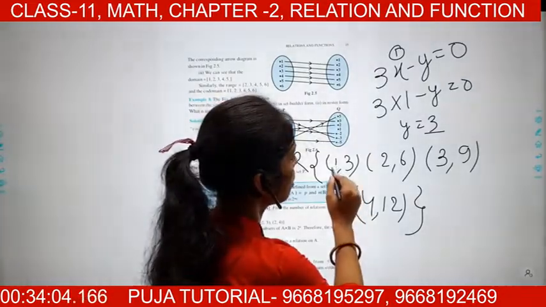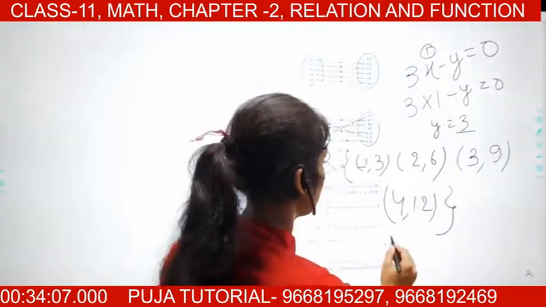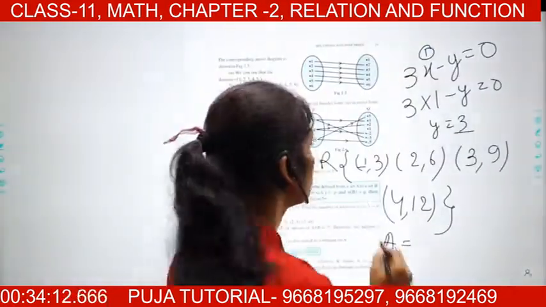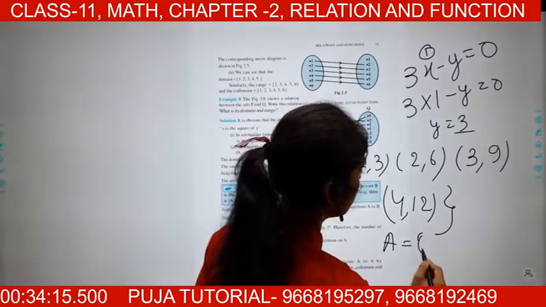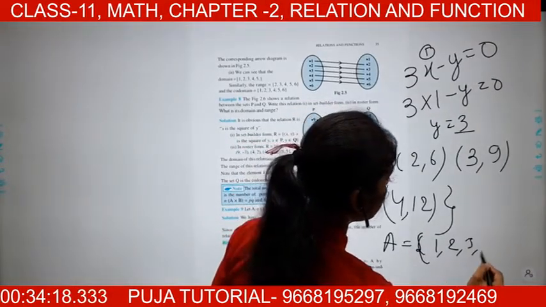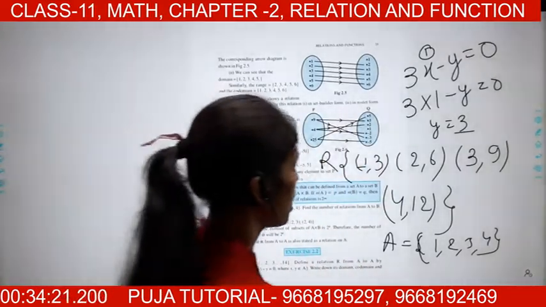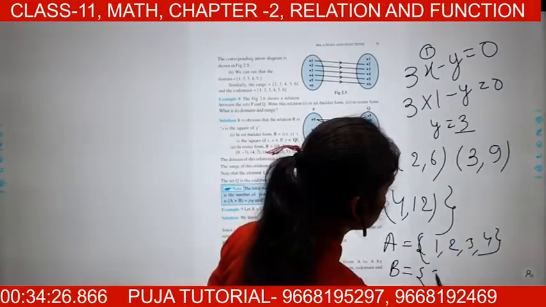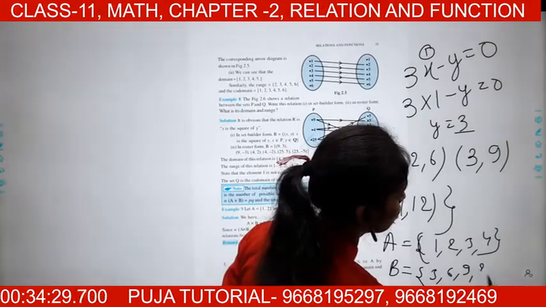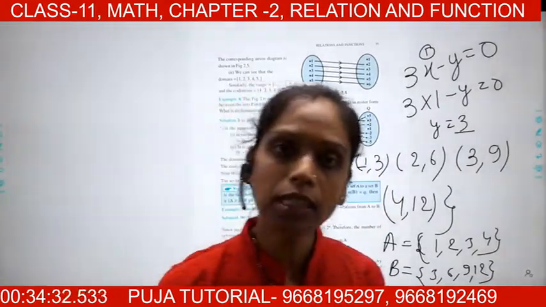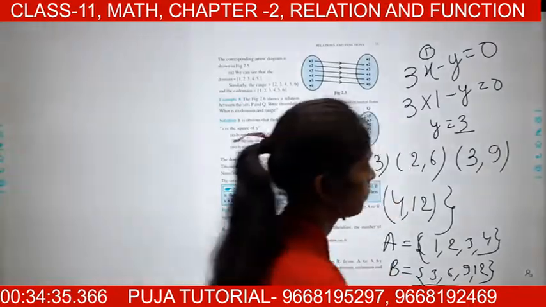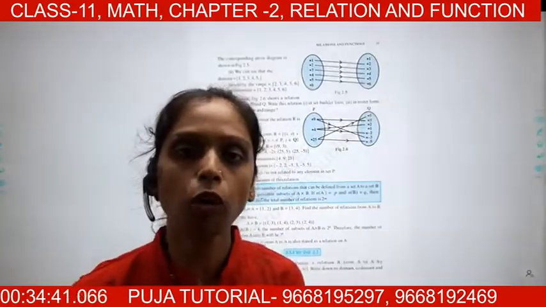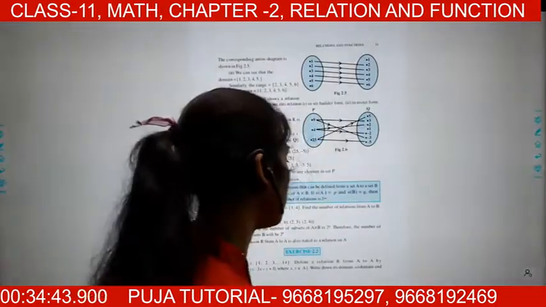The domain will be A, meaning the first elements of the ordered pairs: 1, 2, 3, 4. This is your domain, and the range will be 3, 6, 9, 12. And the codomain is this. Then this is the difference. This is the way to find the range, domain and codomain.